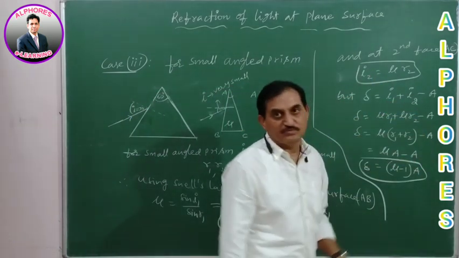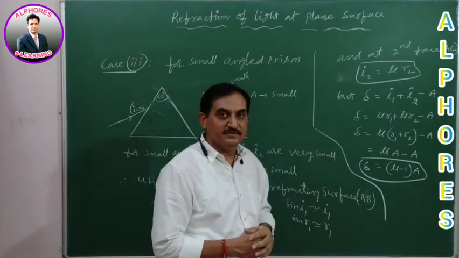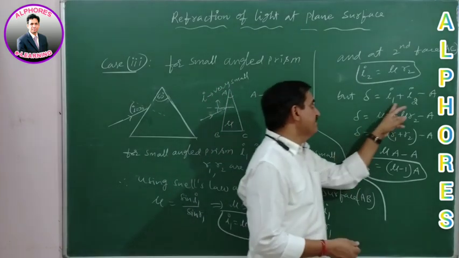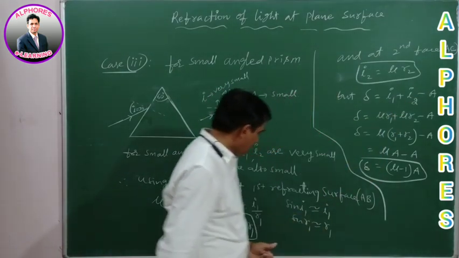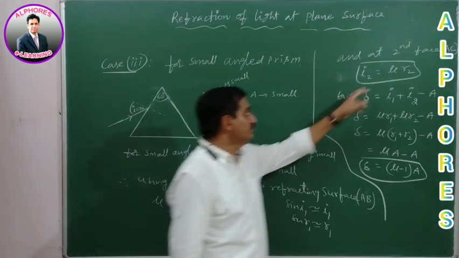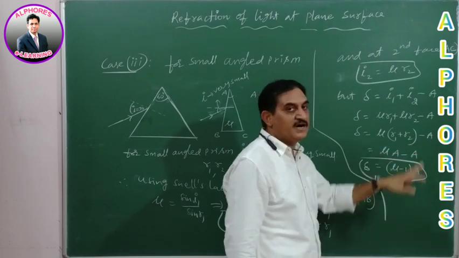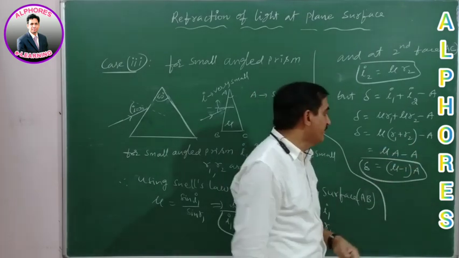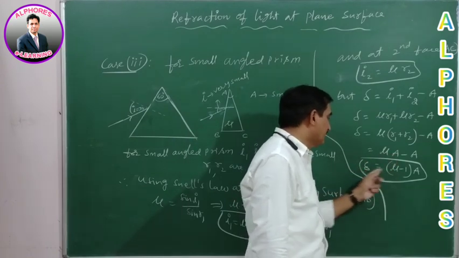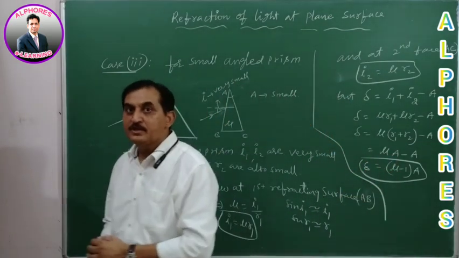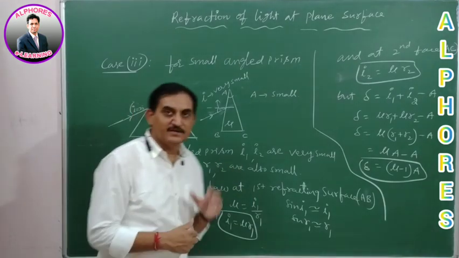Now, the total deviation formula, we know, is delta equals I1 plus I2 minus A. Substituting the I1 and I2 values, and simplifying, R1 plus R2 is replaced by the angle of prism A. Then delta is equal to mu minus 1 into A. So this is the deviation suffered by the light in the case of a small angled prism.